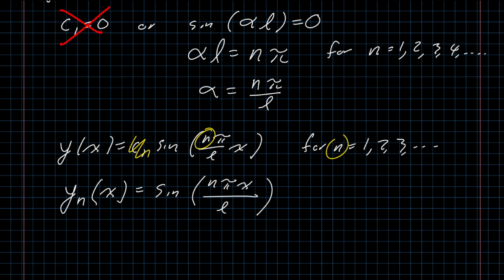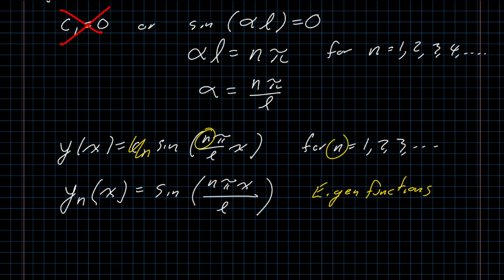It's a stylistic choice depending on your discipline and where you are coming across this eigenvalue problem. Right? But these are the eigenfunctions of the boundary value problem that we started off with. This is what our general solution looks like.